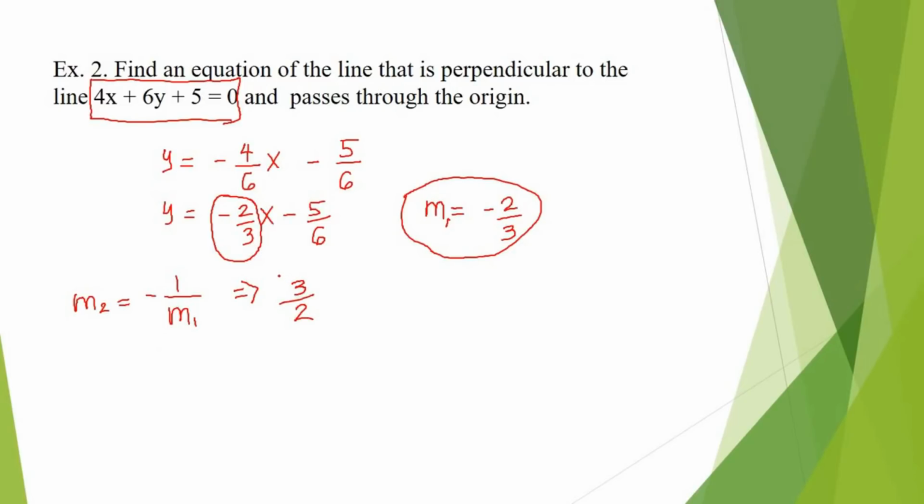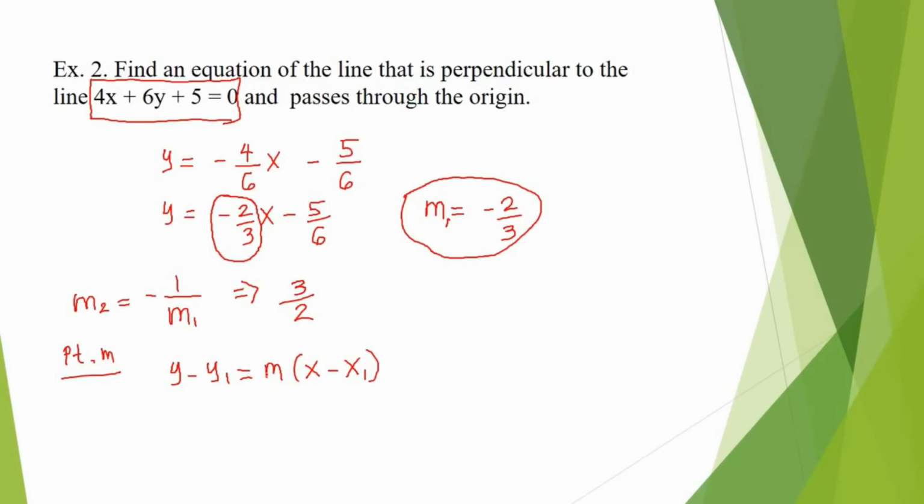Now we already know the slope of our perpendicular line. So what we're going to do now is use the point slope form. So again, we write the point slope form equation. We have y minus y sub 1 is equal to m times x minus x sub 1.